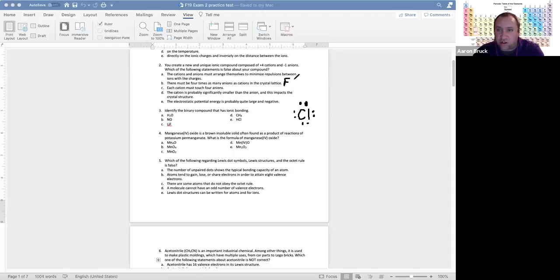Now, formal charge is equal to valence electrons minus dots minus bonds.